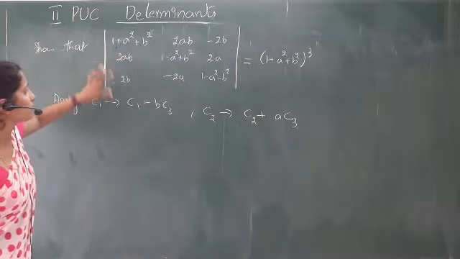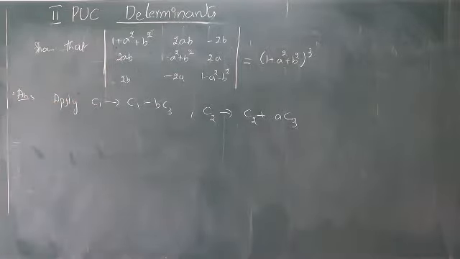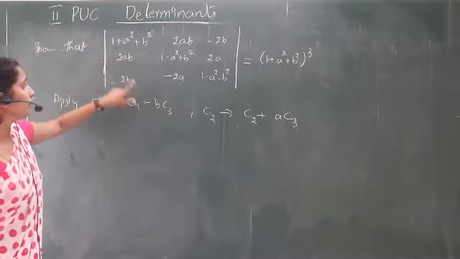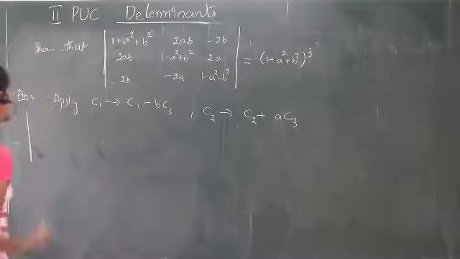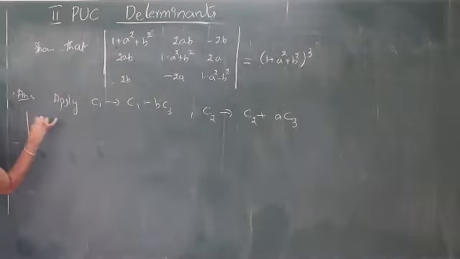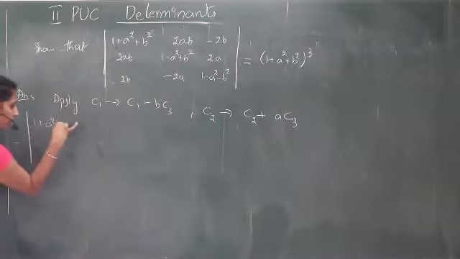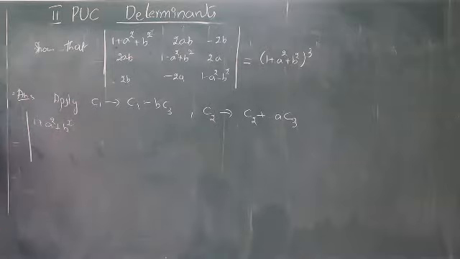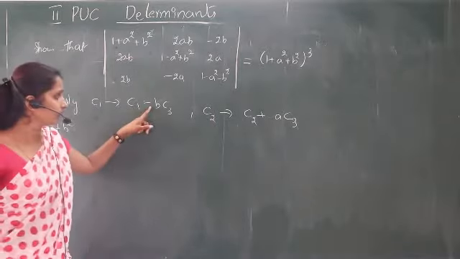So what happens if I change C1 and C2 now? C1 changes to C1 minus B into C3. So 1 plus A square plus B square, minus B into C3.